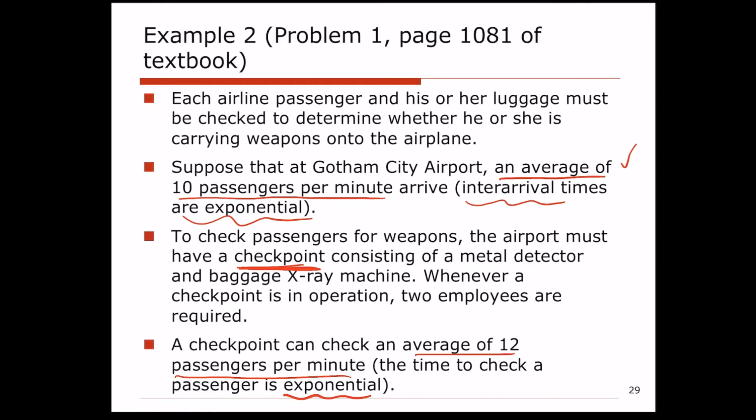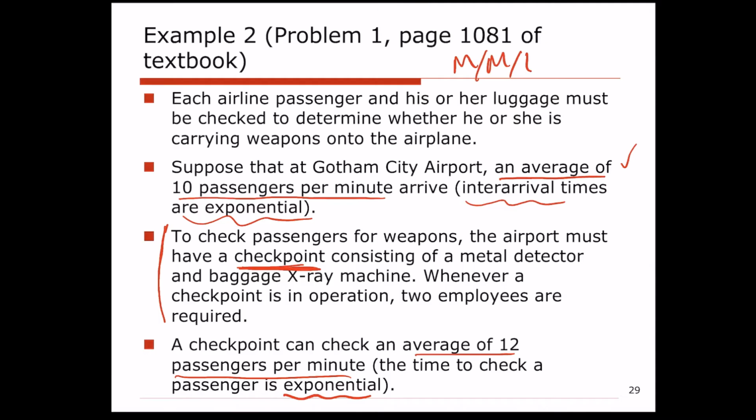However, there is only one checkpoint. No matter if there are 10 people working or 2 people or 1 person, there is one checkpoint that provides service to the passengers. So the structure of this problem very well falls under the category of MM1. The inter-arrival time and the service times have exponential distributions, and there is one server in this system.